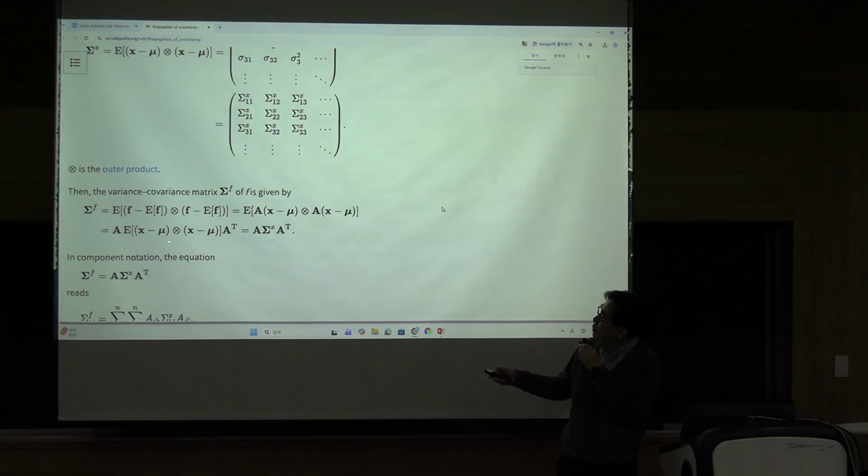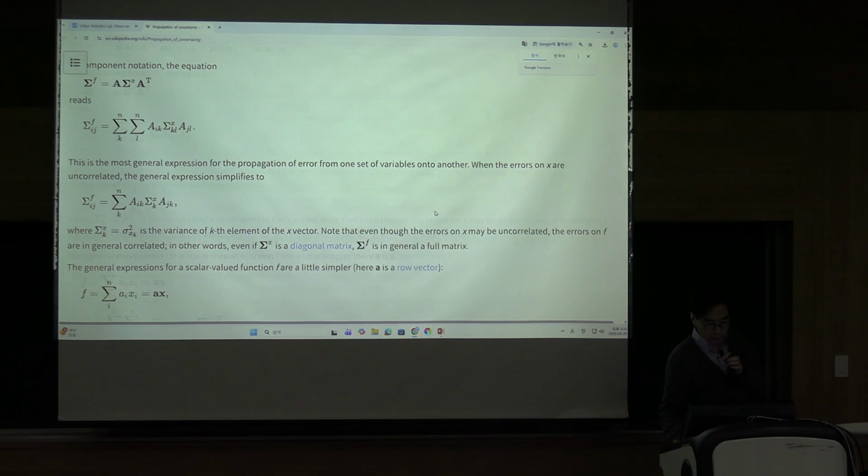So A will be in front and A transpose will be on the rear side of sigma x. Sigma x is transformed to sigma f by using A and A transpose. This is what happens in the linear equation f equals ax.